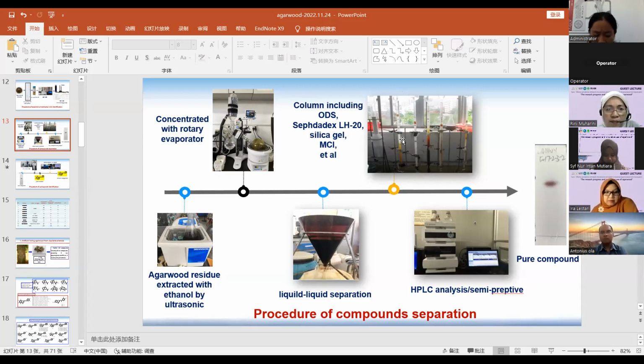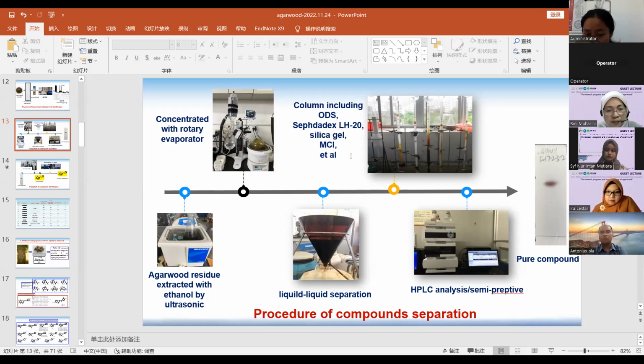But because the amount is very large, we usually use not only one time, usually two columns together, because sometimes maybe you have several grams, so we have to separate one fraction into some parts with the Sephadex. And then combine the similar fractions, because later the compound is too much, and if only one part it is not enough.